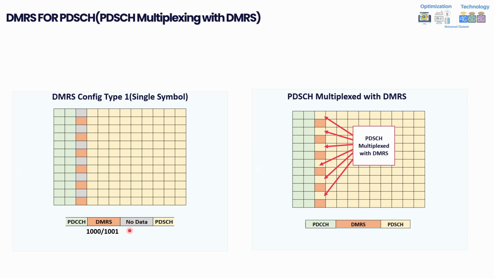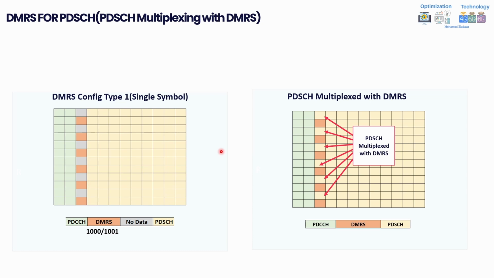This is the first part. The same applies with multi-user MIMO: if another user is using different ports, we also cannot have PDSCH multiplexing, as long as all the resource elements, or subcarriers, are being allocated to DMRS. In this case, we cannot have any frequency multiplexing.